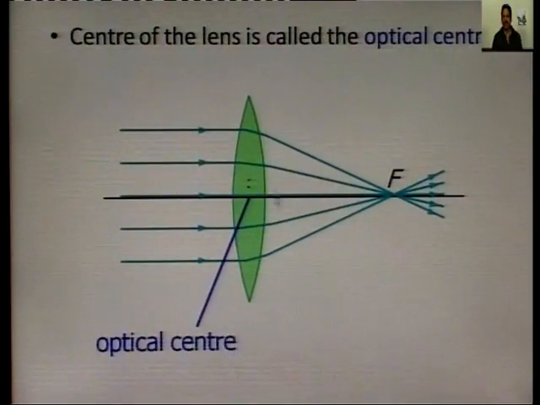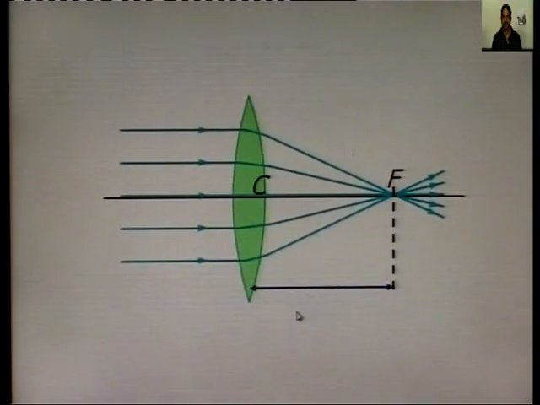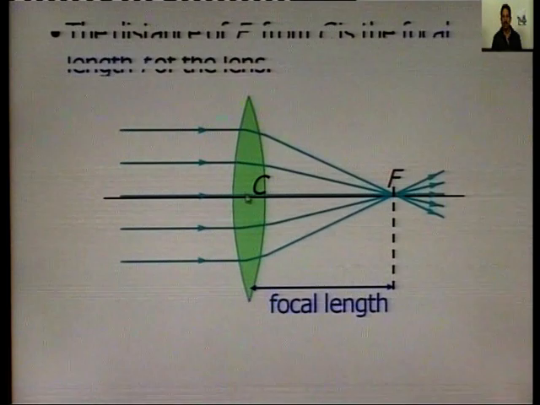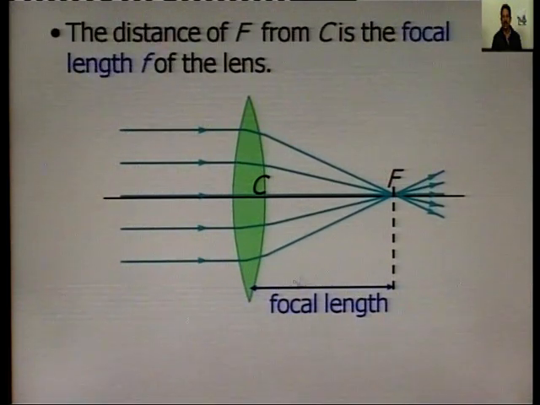Center of the lens is called optical center. The distance between optical center and principal focus of the lens, that is the distance of F from C, is called focal length of the lens.